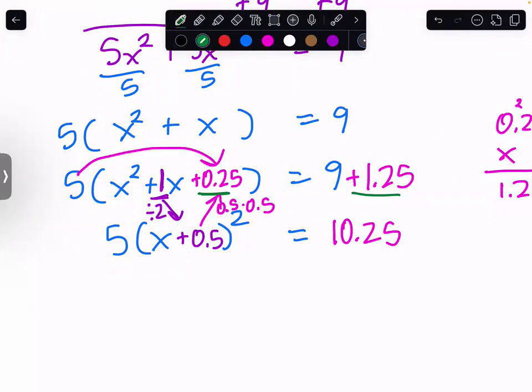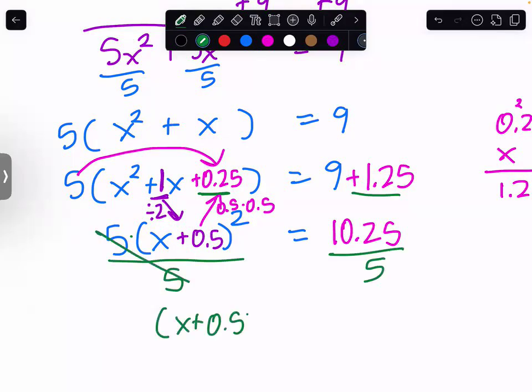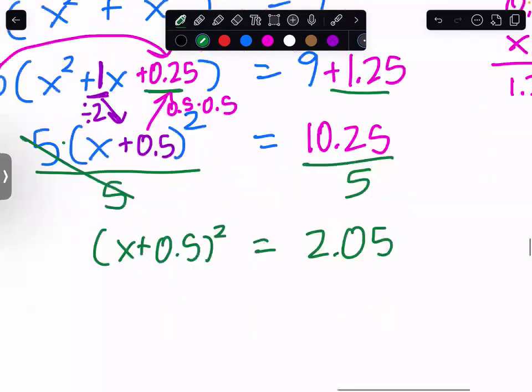Okay, we want to get the parentheses by itself, so we need to get rid of this 5 in front that's touching the parentheses. So opposite of multiplying by 5 is dividing by 5. Again, you can use your calculator for this part.